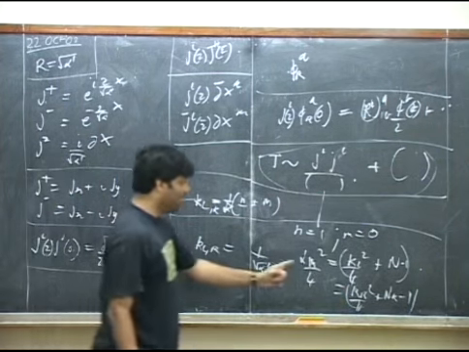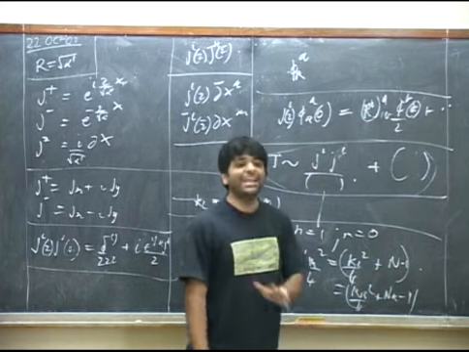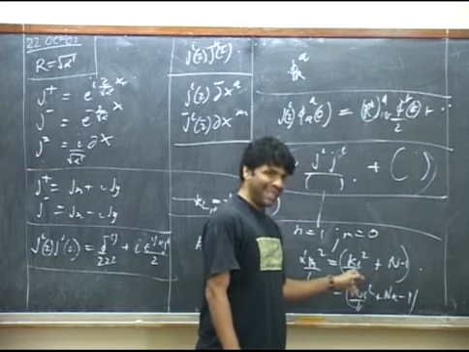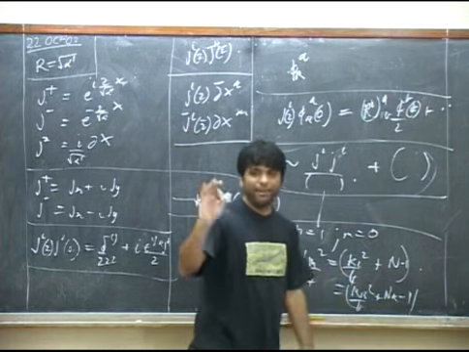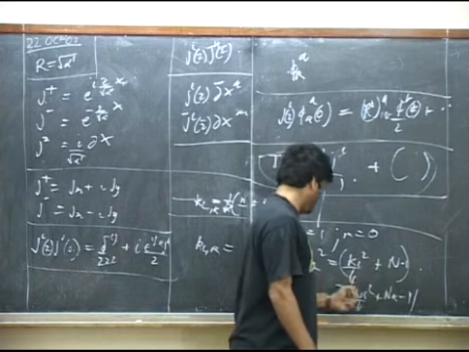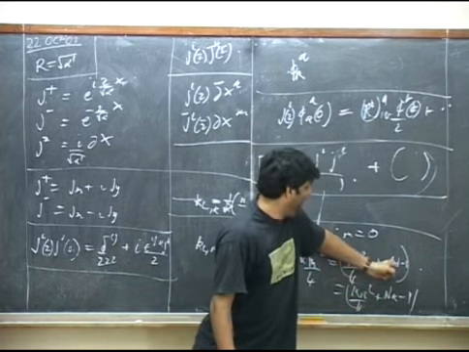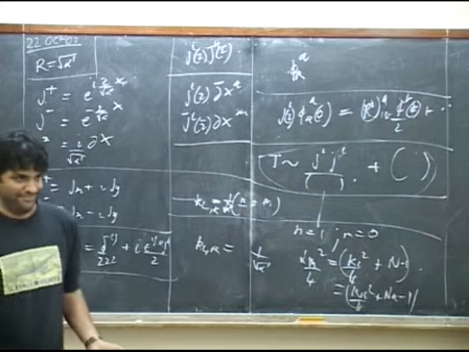Now if k_L and k_R are any non-zero number, the minimum non-zero value for n_L or n_R is 1. If k_L and k_R are 0, then n equals 1 will give you a massless state.